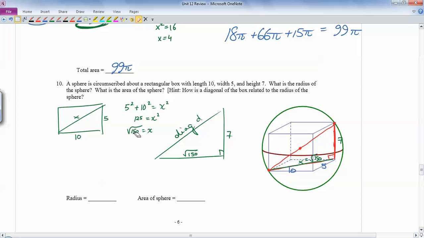My bad. There we go, now it's right. Okay, so to get the diagonal, I'm going to do 7 squared plus root 125 squared equals D squared. That's 49 plus 125 equals D squared. And if I take the square root, D ends up being root 174.